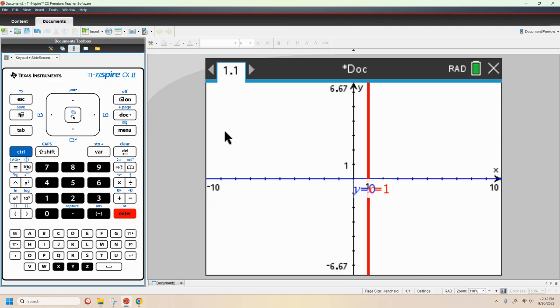Okay? And it's not a function because it fails the vertical line test. And that goes back to last year, right? I put in an input and we all get the same output. I put in 1 and I can get anything. I put in a 1 and I get a 1. I put in a 1, I get a 2. I put in a 1, I get a 3. Right? Not a function. Okay.